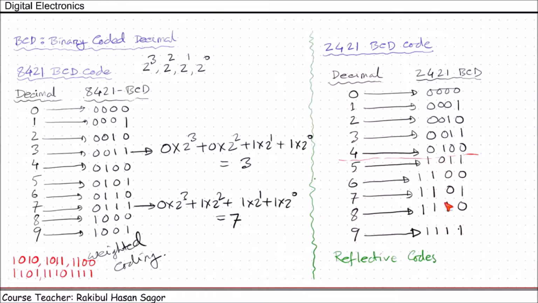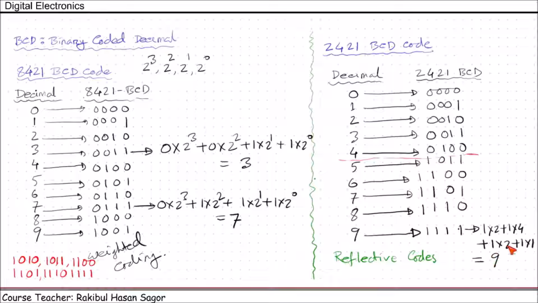And we can verify the weights. Suppose for 9 we are getting 1 1 1 1: 1 into 2 plus 1 into 4 plus 1 into 2 plus 1 into 1. That will return us 2 plus 4 is 6, 7, 8, 9.